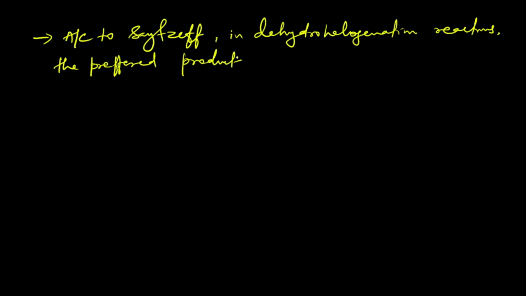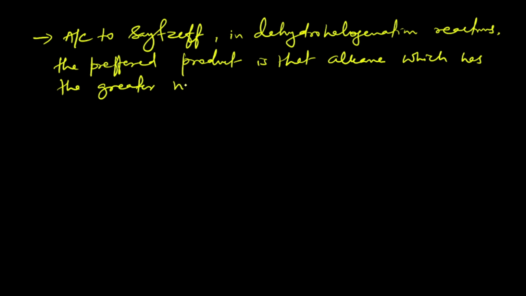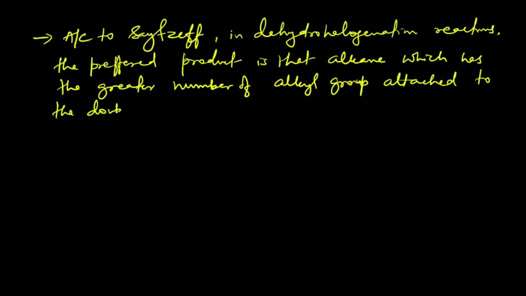In dehydrohalogenation reactions, the preferred product is that alkene which has the greater number of alkyl groups attached to the double bonded carbon atom, correct.